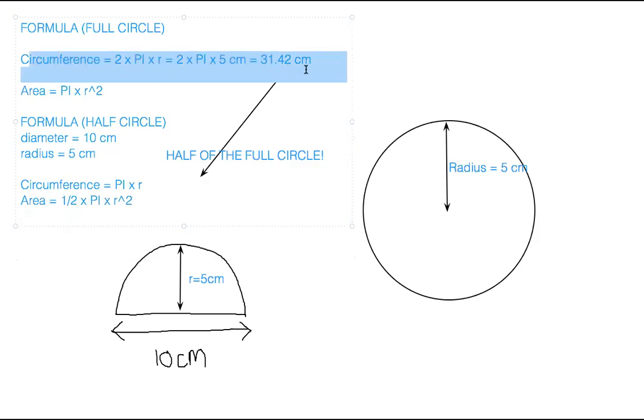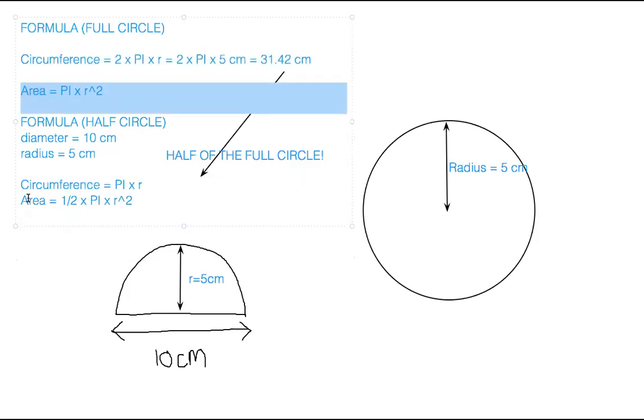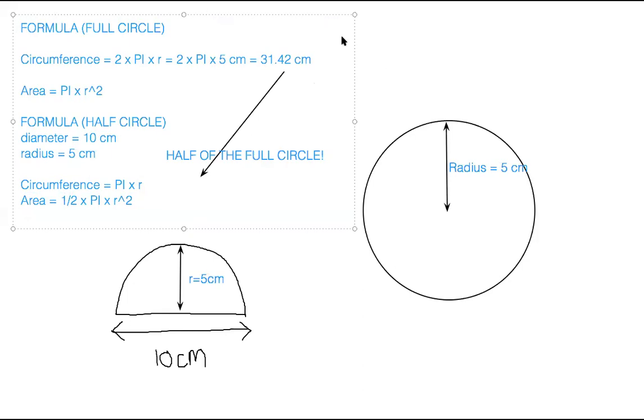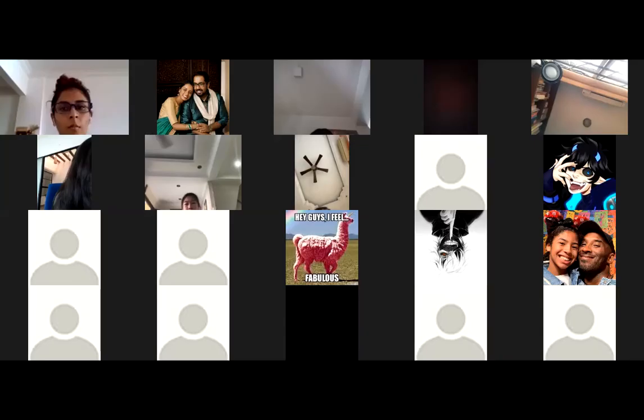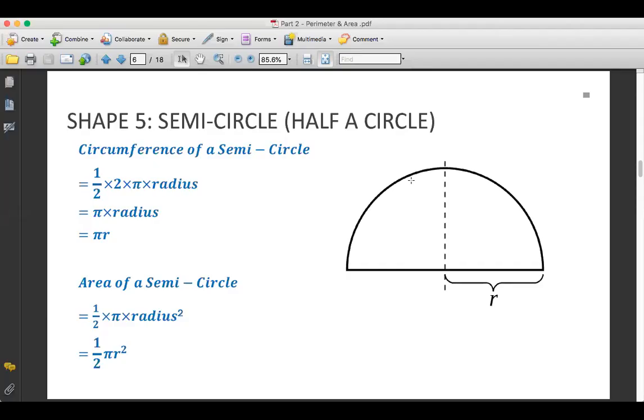This one times half is the area for a half circle. Another name for half circle is semicircle. Do you all see that? So that's the only difference when you find it out.